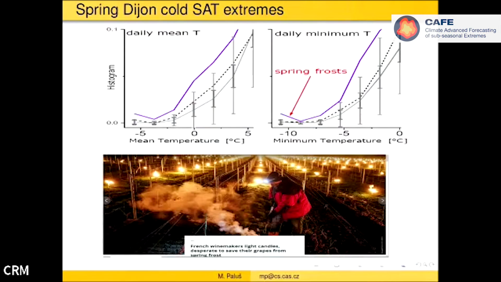So we can see a heavy increase of probability of temperatures around -10. This is something which happened this year, and also last April, when there were spring frosts which were really disastrous for winemakers.